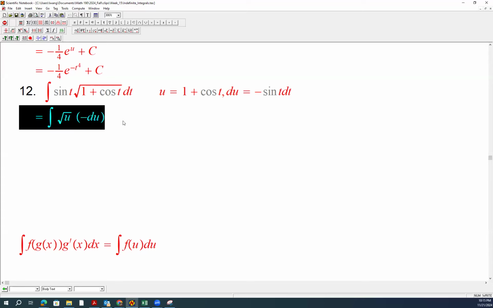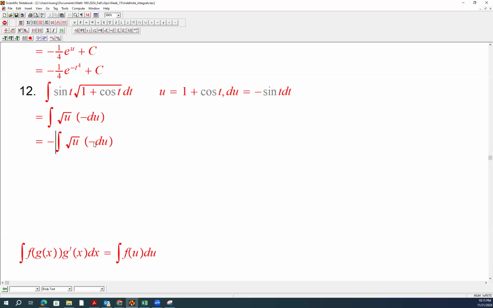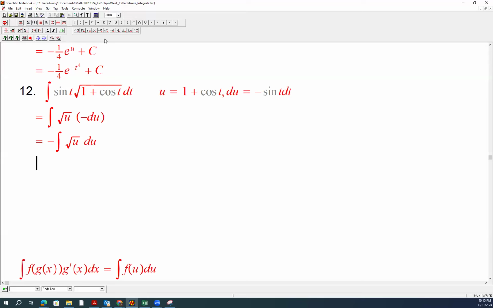And on the next step, of course, you can bring the negative sign outside. You need the parentheses here on this step if you write it this way. So you bring the negative sign outside, then you don't need parentheses. And you don't have to show this one. You can show this one directly. They're the same, okay? Next step, we got a negative sign.